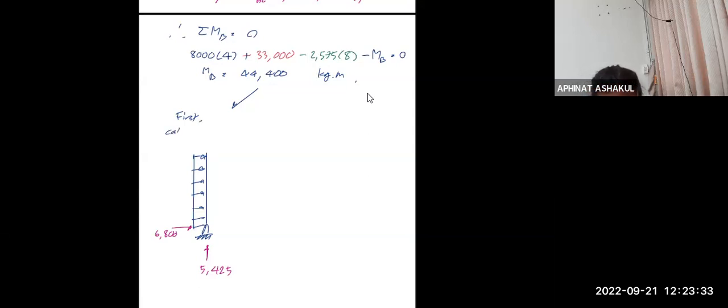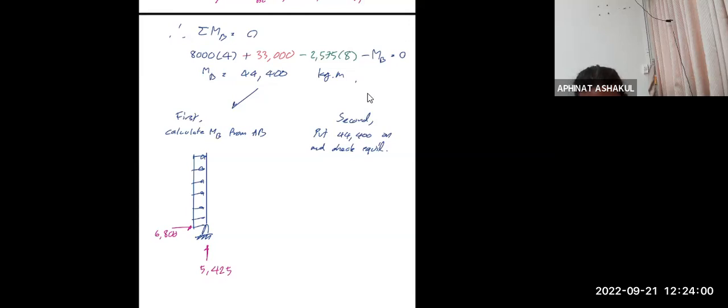First, calculate MB from member AB, or second, put 44,400 on and check equilibrium. Either way, it should give you the same result, right?